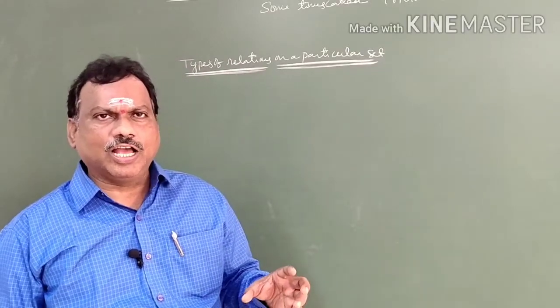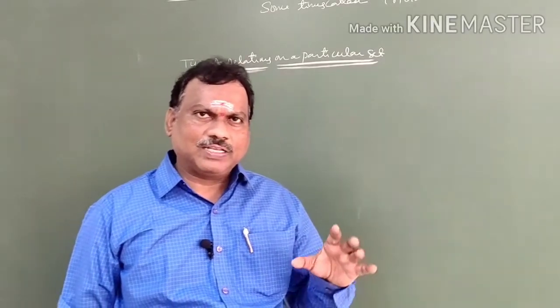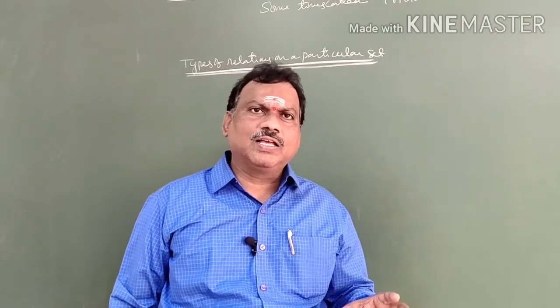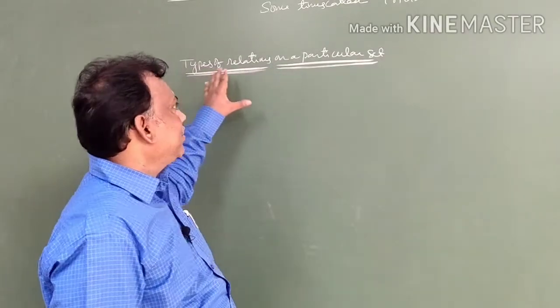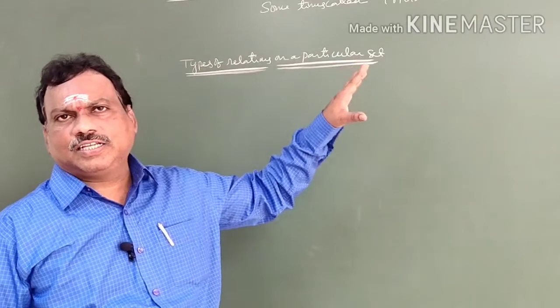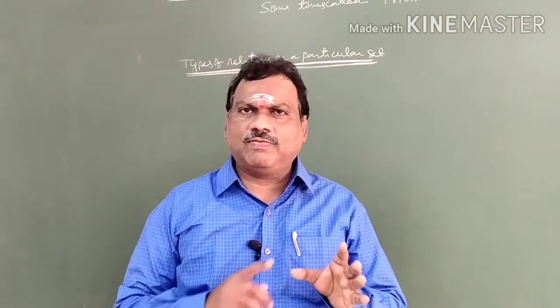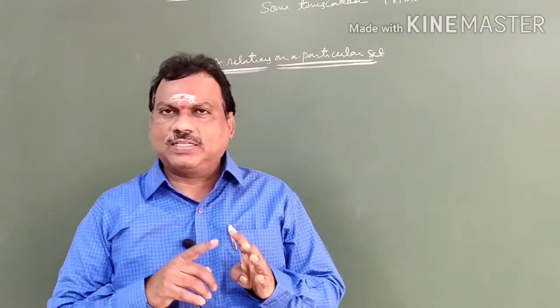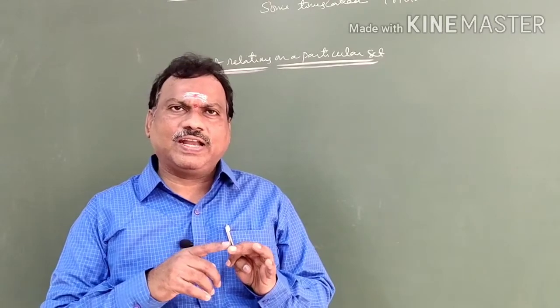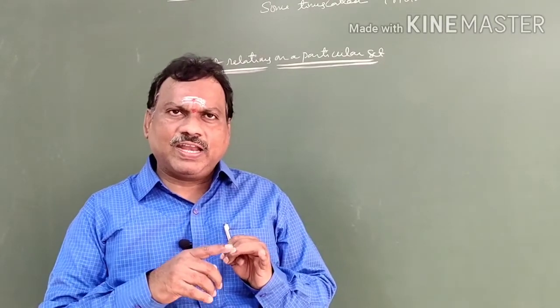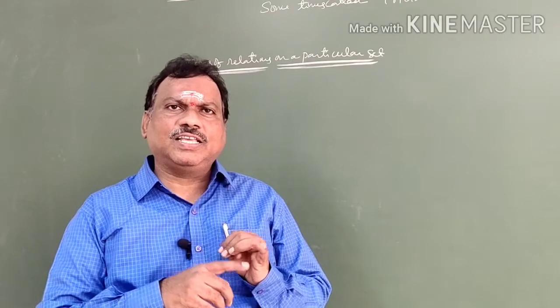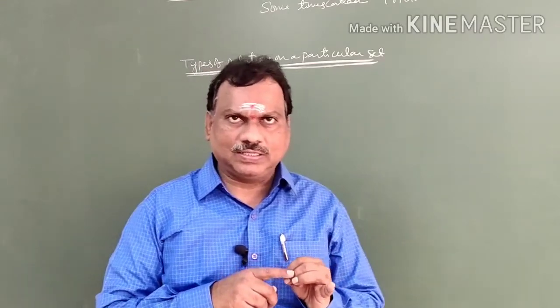First we will go through the reflexive property. Once again you remember it. We have some particular kinds of relations in a particular set. One is reflexive, next symmetric, next transitive, next equivalence relations. These they will ask in the PU syllabus.